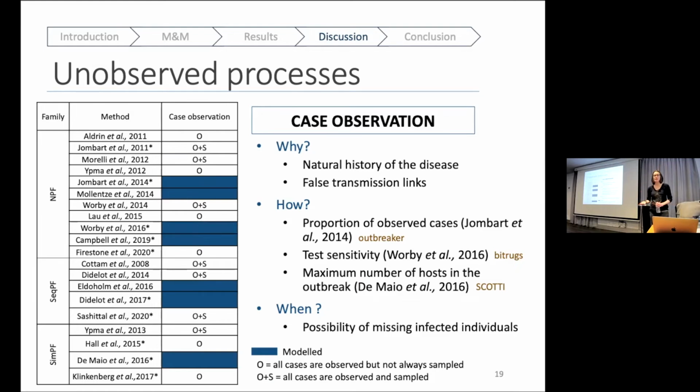Therefore, some methods considered a proportion of observed cases in their methods, as in Duault's outbreaker, or model test sensitivity, as in Warby bit rugs, or finally took into account a maximum number of hosts in the outbreak, as in the myoscopy. This case observation is interesting to model when we can possibly miss infected individuals. So the pathogen study, the detection protocol, as well as their effectiveness needs to be considered.